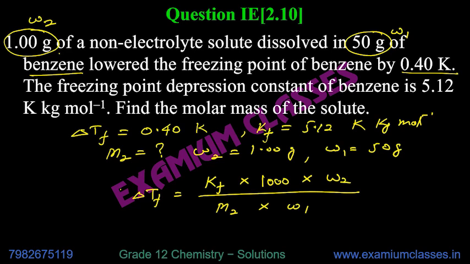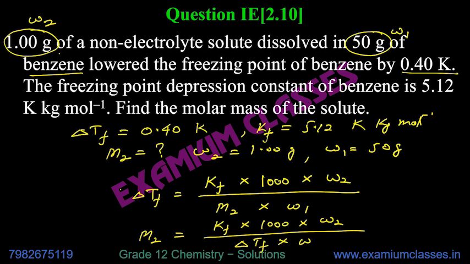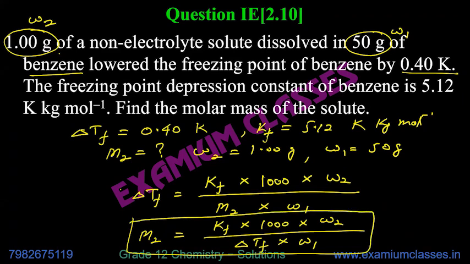That is absolutely fine, and you substitute the values and get M2. But in many schools teachers need you to write it like this: M2 equals Kf into 1000 into W2 divided by delta TF into W1. So if molar mass is asked, write the formula in this form, not in the above form. For me, both are correct.